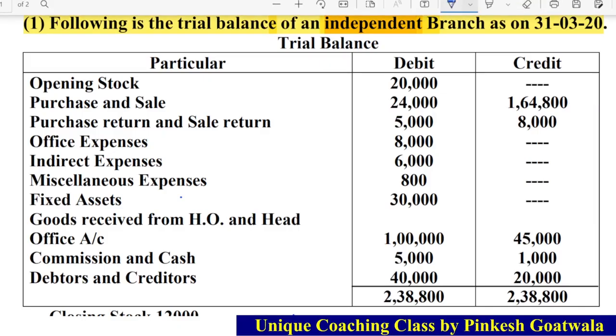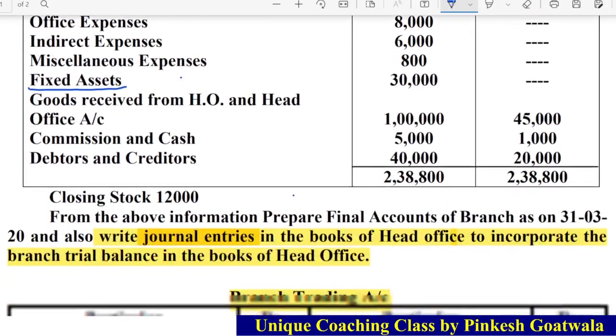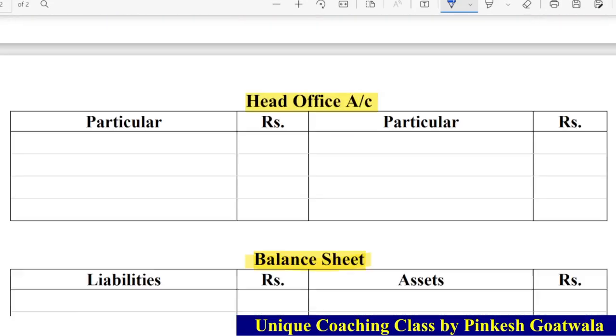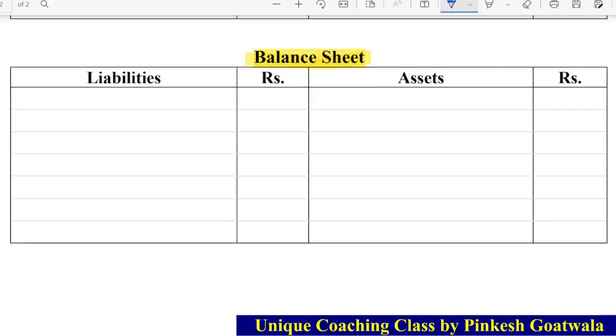Where will the fixed asset entry come? In the balance sheet, on the asset side. Fixed asset, and the amount was 30,000.